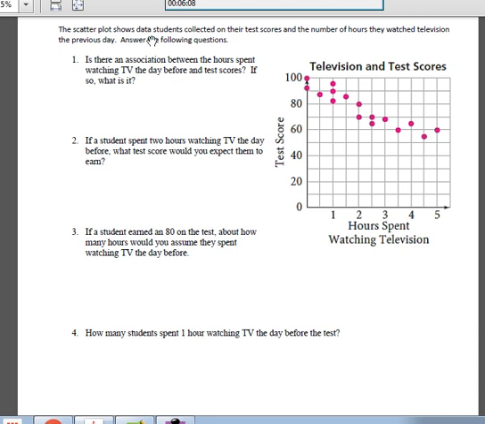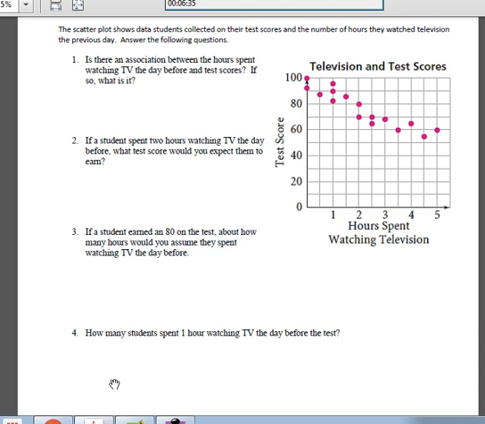The scatter plot shows data students collected on their test scores and the number of hours they watched television the previous day. Answer the following questions. Is there an association or correlation between the hours spent watching TV the day before and test scores? If so, what is it?